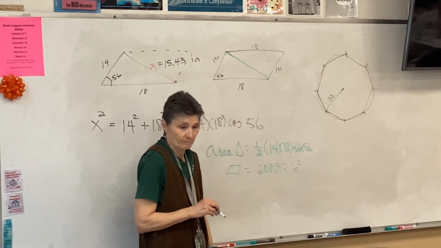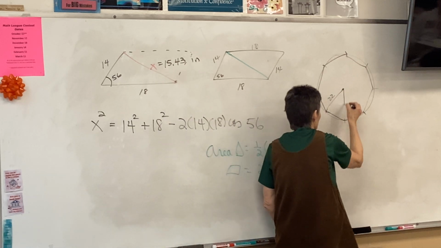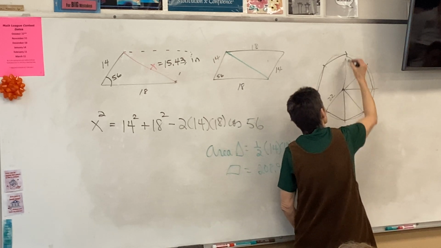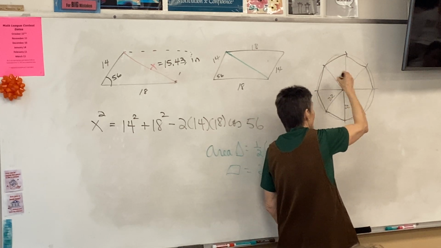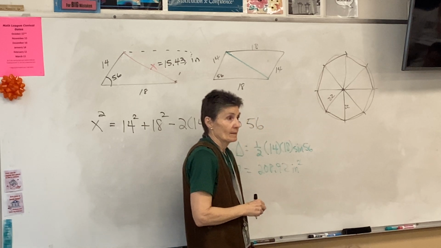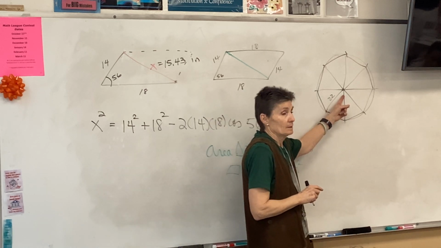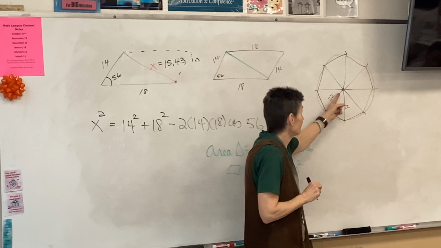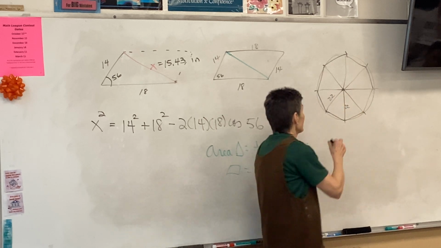I like to make a triangle, and it doesn't hurt me to make all the triangles, so you don't have to do that at all. I know every one of those little radii that I just drew in is 22, right? Now what else do I know? That angle's 45. How do I know that angle's 45? Because it's 360 divided by 8, so this is 45.